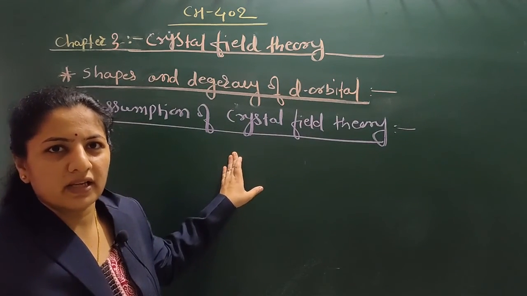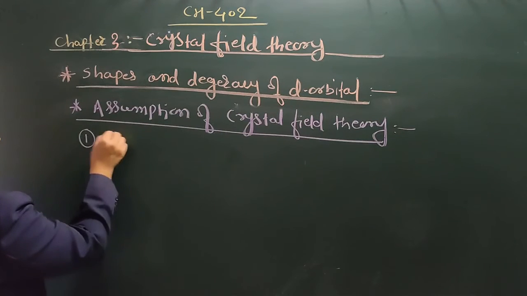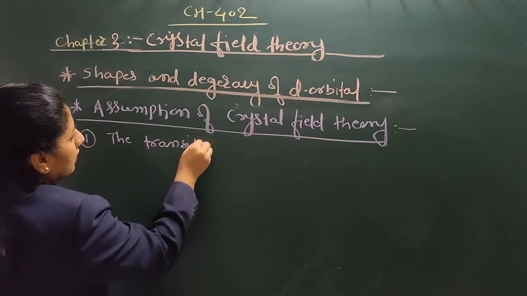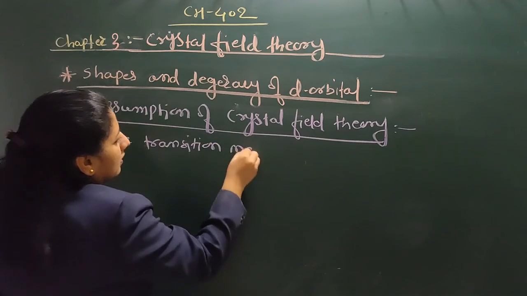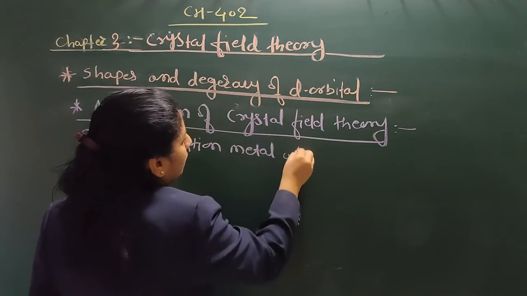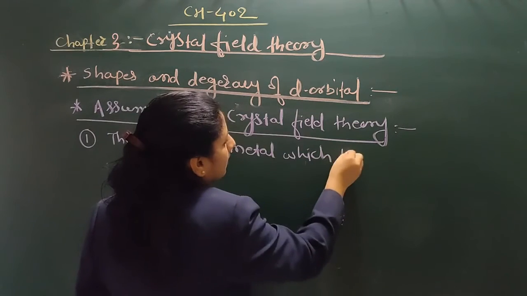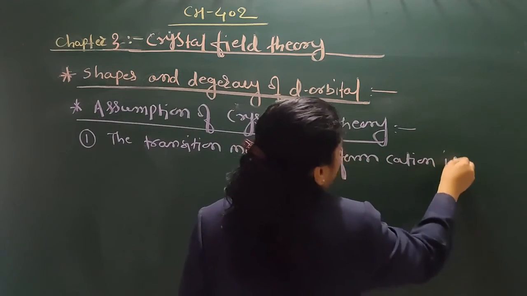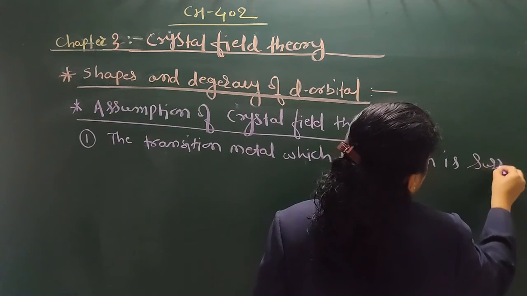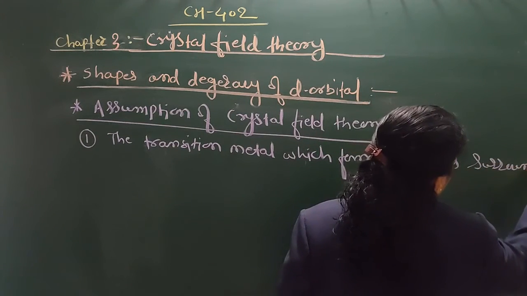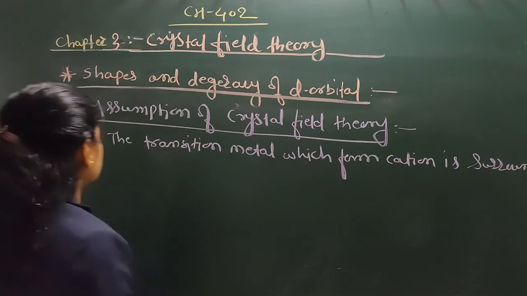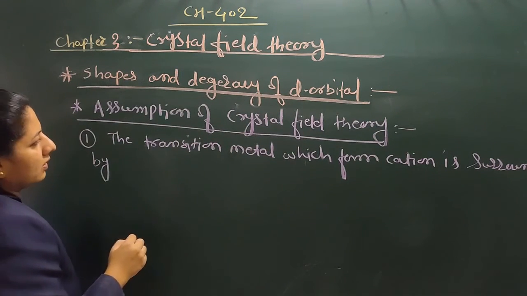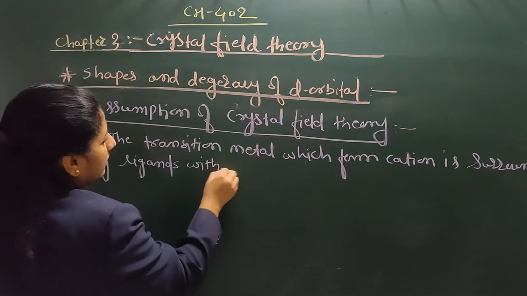The first is that the transition metal, which forms a cation, is surrounded by ligands with lone pairs of electrons.